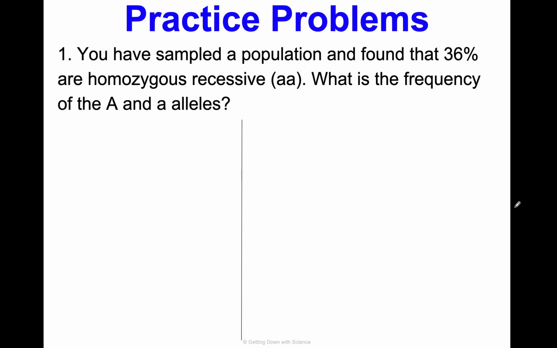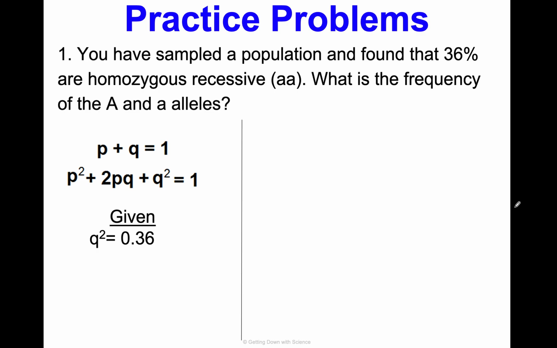So you have sampled the population and found that 36% are homozygote recessive. What is the frequency of the dominant and recessive alleles? So, following the steps, we're going to write down our two equations. And we are given that Q squared equals 0.36. That is from the 36% are homozygote recessive.